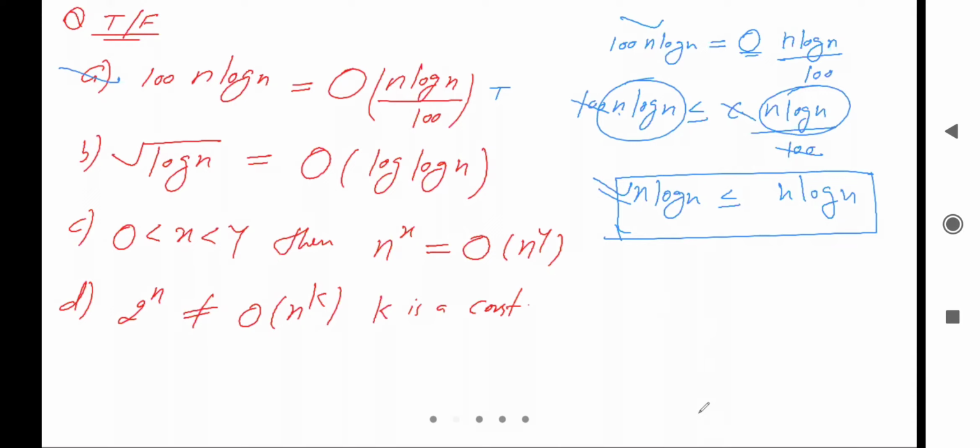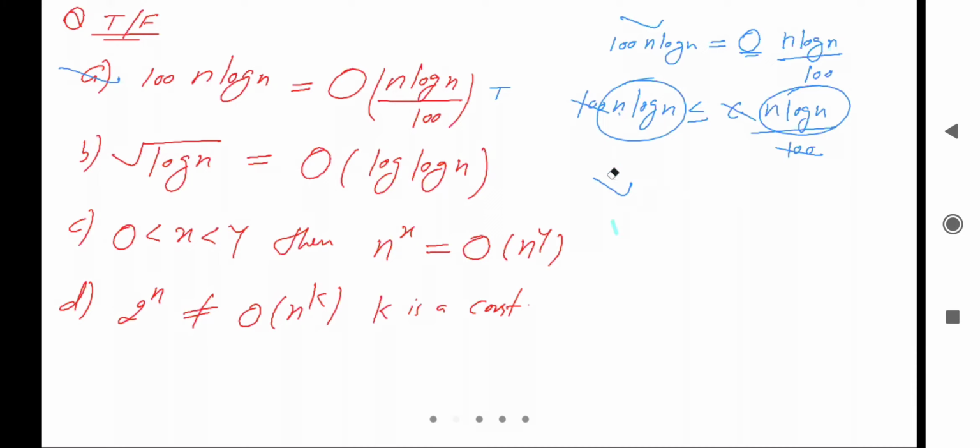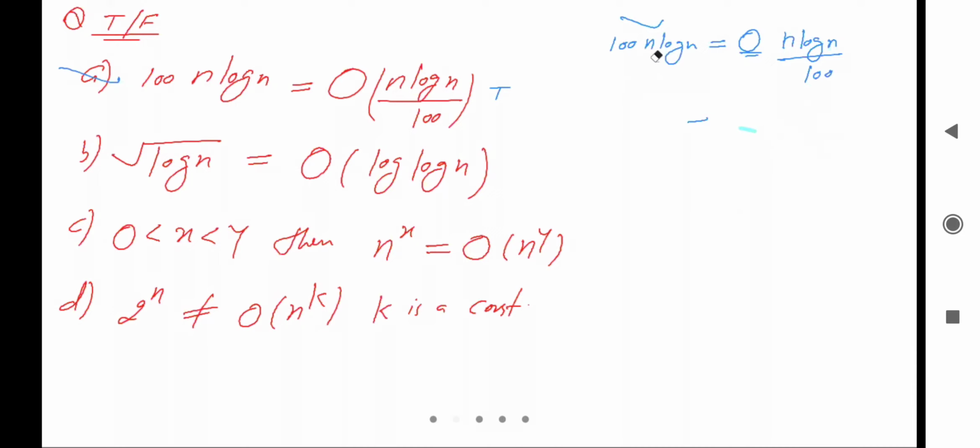Let's see the next one. Next is root of log n, and here it is order of log n. Let's see which one is greater in this case, or whether they both are equal. So here it is root of log n, and that is equal to order of log n.